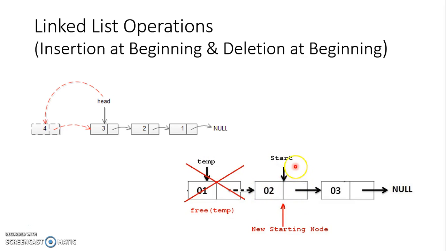And so now this becomes the new first node of the list, and this gets disconnected from the list. And once this gets disconnected from the list, all I have to do is supply this temp pointer variable into the free method, which will deallocate the memory assigned to this particular node.